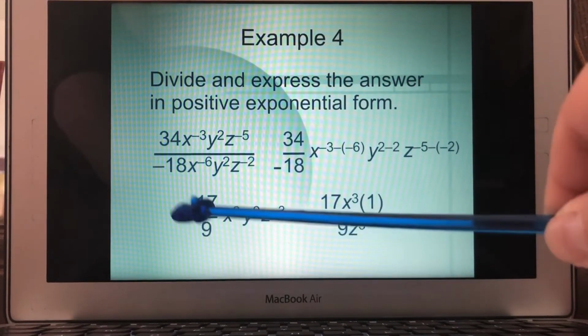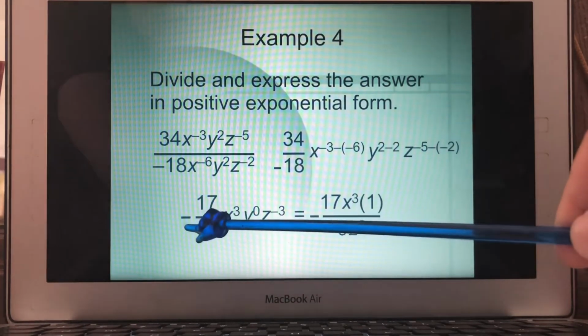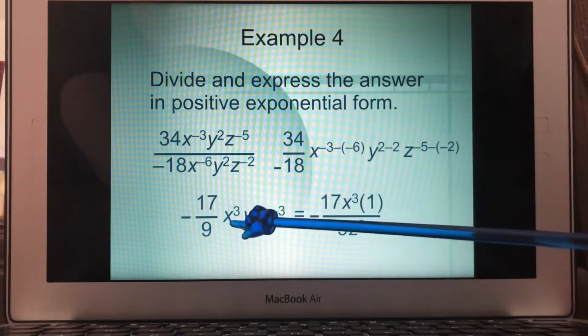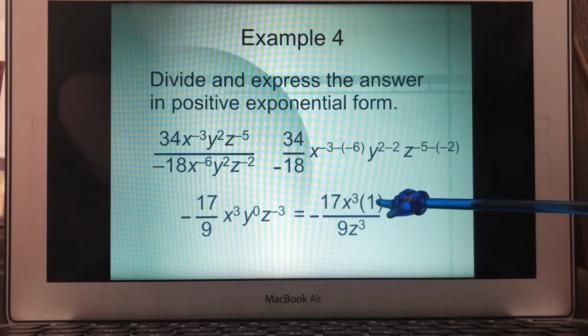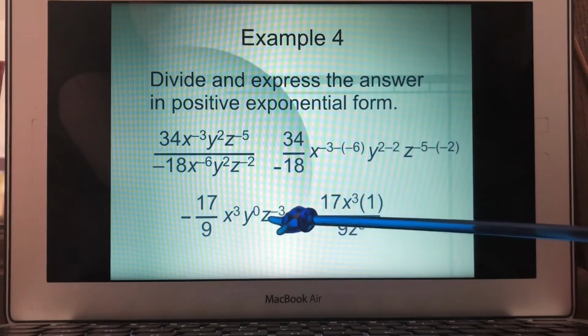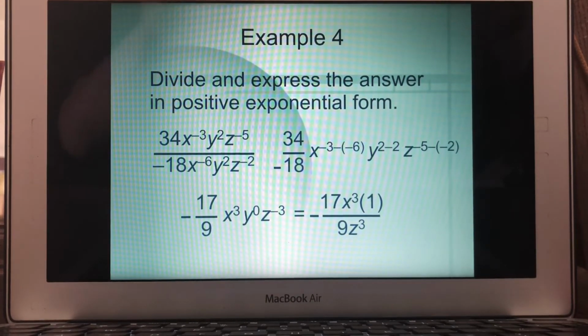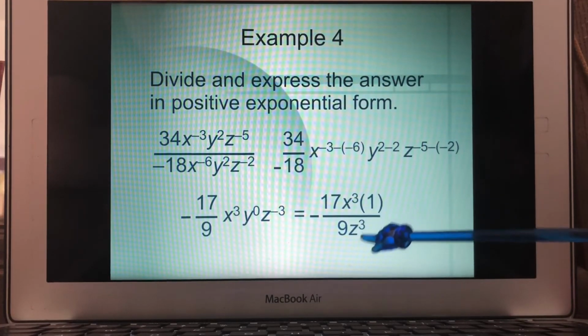Now, the whole thing is going to be negative because that's where my negative sign is for the whole problem. 17, then I'm going to have times x cubed. Y to the 0 power, remember that's equal to 1. Then I have z to the -3rd power. Remember, a negative power or negative exponent means that I have to flip this number and find the reciprocal.